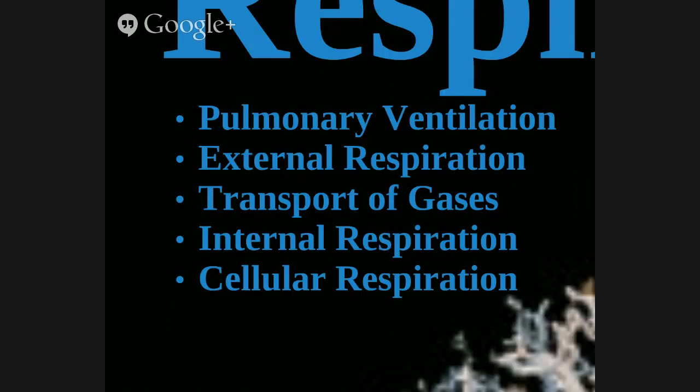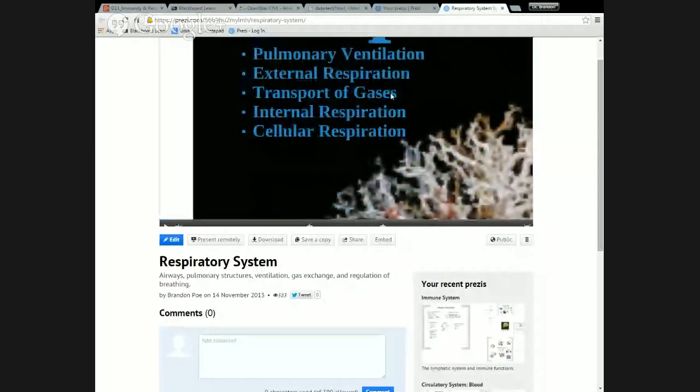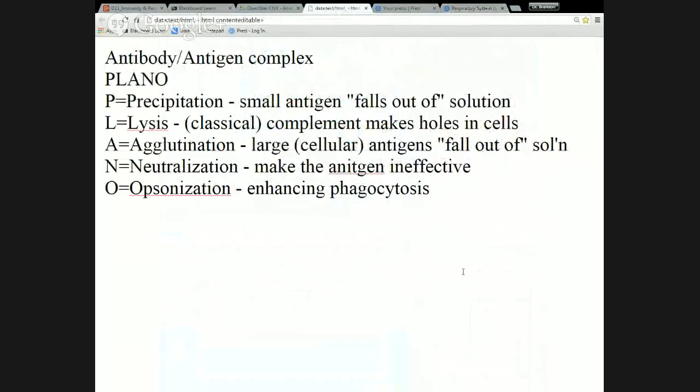It's about gas exchange. It's about getting oxygen and carbon dioxide moving in and out of our bodies, respectively. And cellular respiration is just about how those gases are used at the cellular level. And it really refers to the chemical reactions that we process energy through.